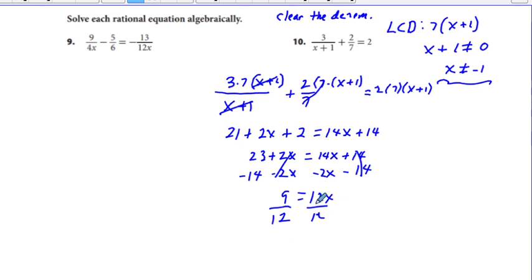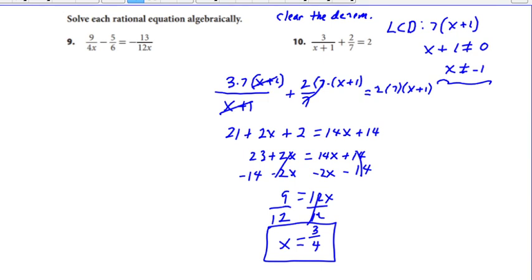So we have x is equal to 9 over 12, which is 3/4. And the last thing we do is we take a look and see if that happens to be one of our excluded values. It is not. So this is our answer. X equals 3/4.